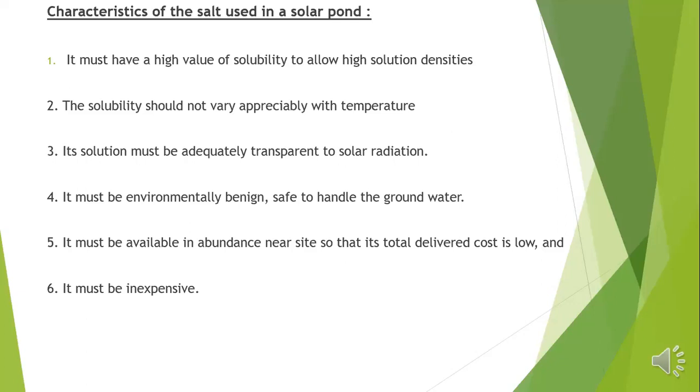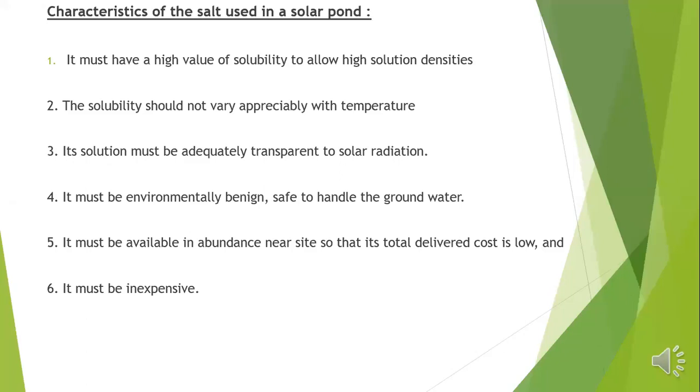And the stability of the non-convective layer in the presence of a temperature gradient can be maintained by creating a sufficiently steep salt concentration gradient. In order to generate the initial salt concentration gradient required, we have to prevent convection.